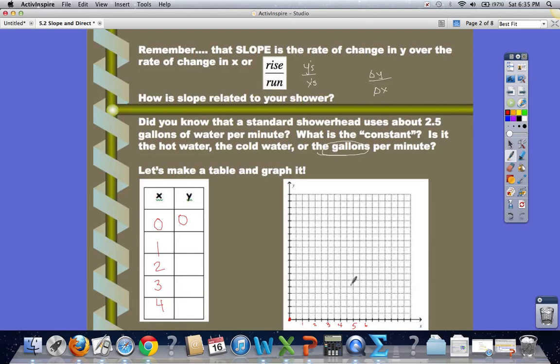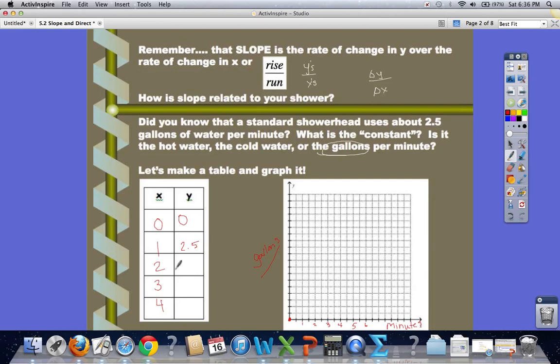X will be my minutes. Let's label that. And the y-axis is going to be my gallons. Okay, so at 0, of course, it would be 0 because we haven't started the shower. And this said that at every minute, there are 2.5 gallons of water that have been used. So at 1 minute, it would be 2.5.